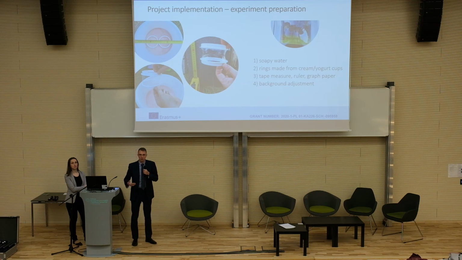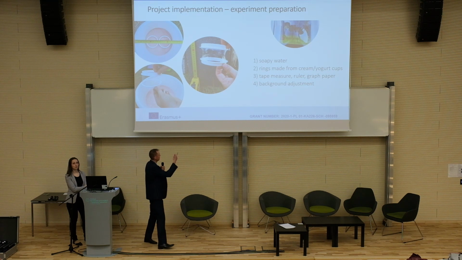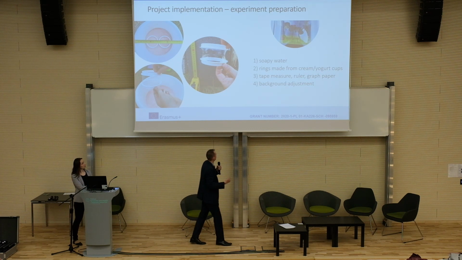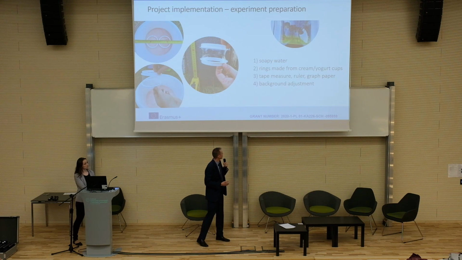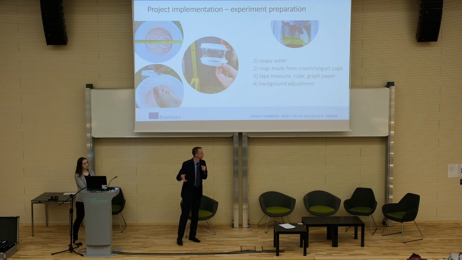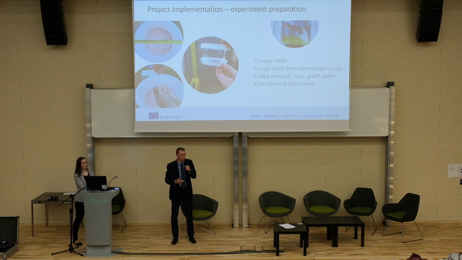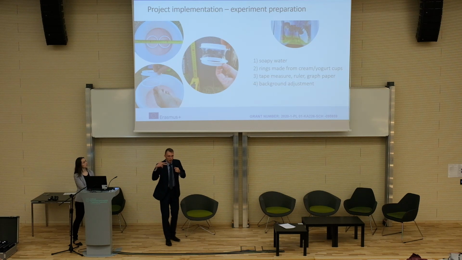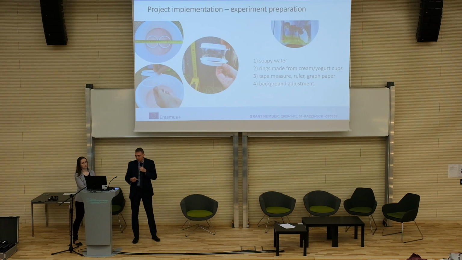the students conducted an experiment with the use of the following elements. So they needed soapy water, they needed rings made from cream or yogurt cups. So they literally cut off the upper parts of those containers.